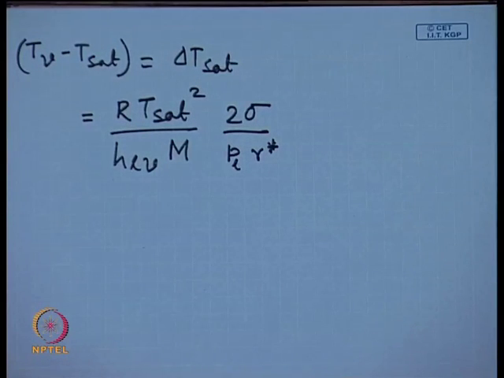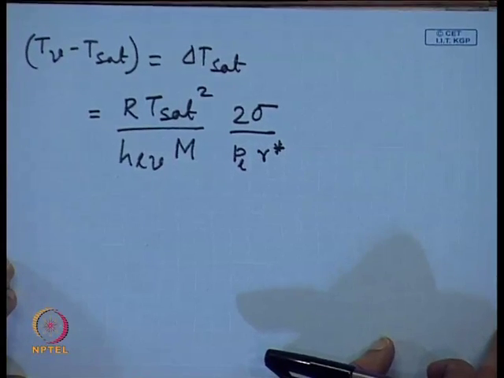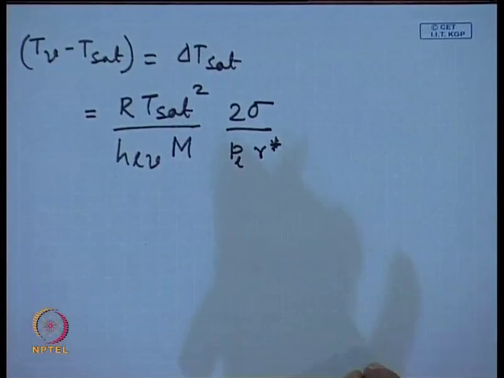So, what does this equation convey? This equation conveys that if I have to make a vapor embryo of R star radius, then I need a certain amount of superheat that is given by T V minus T sat, and of course, it will depend on the fluid properties, whatever fluid properties I have given, the saturation temperature I have given.